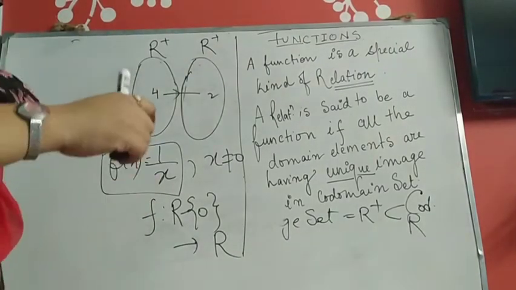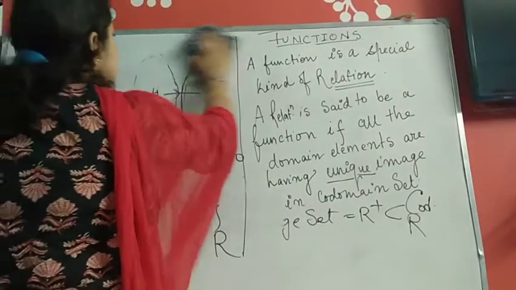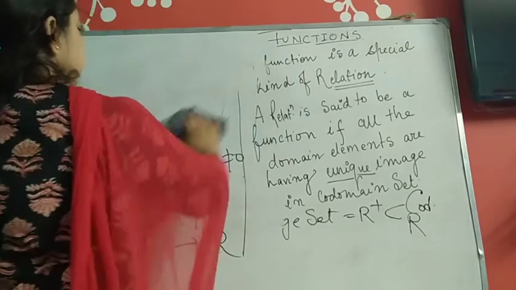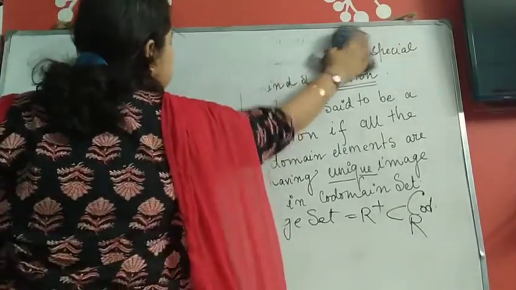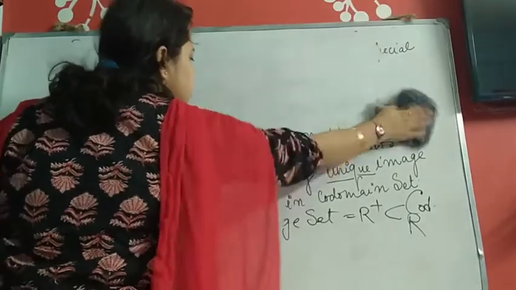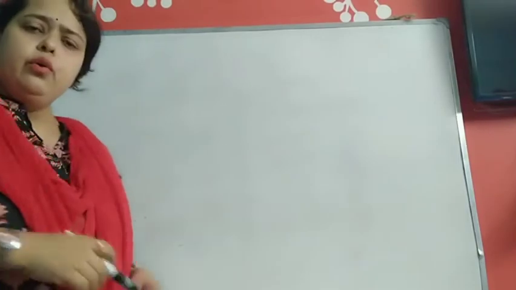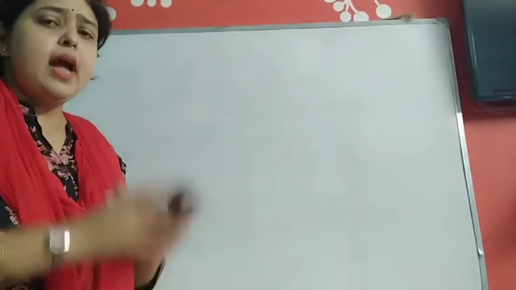Okay, students, please go through the theory part of relation and function. That is very important. After that, I was talking about the domain, range, and codomain, everything. So another important set of questions you will be getting in your half-yearly exam is from the domain and range.